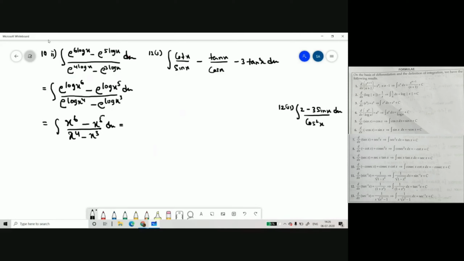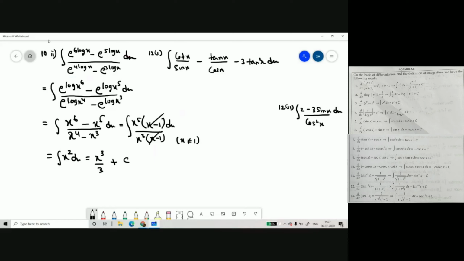By using the property of log, if you take x to the power 5 common, that's x minus 1, and x cube taken common, x minus 1 dx. Of course, x not equal to 1. What remains is integration of x squared dx, which is nothing but x cube by 3 plus c.